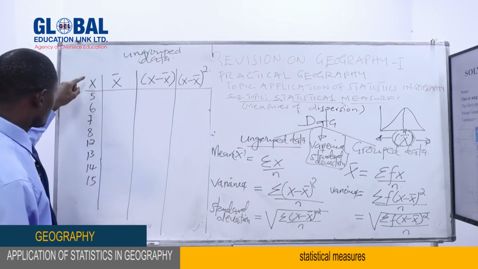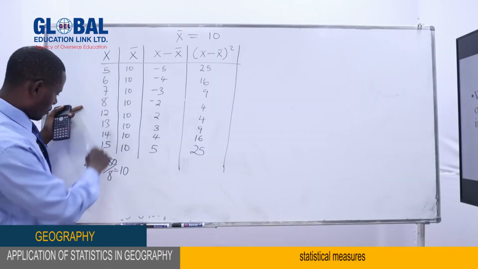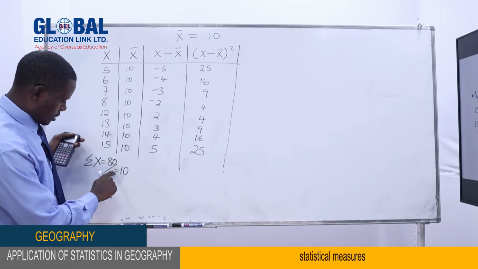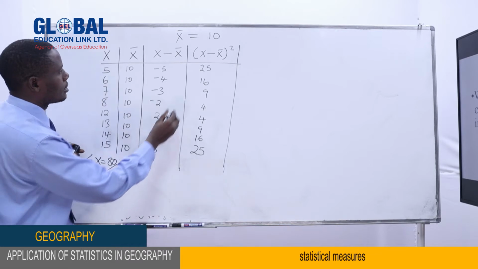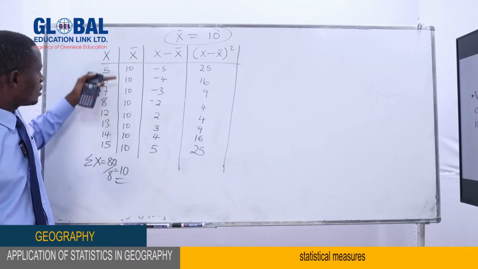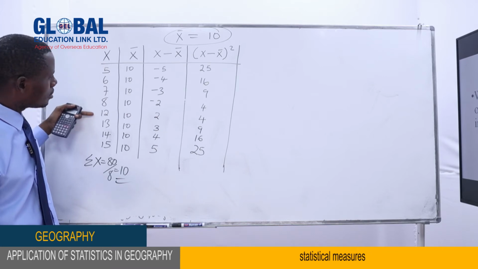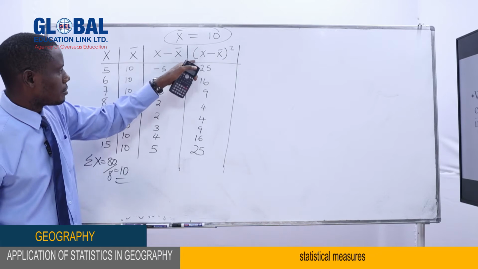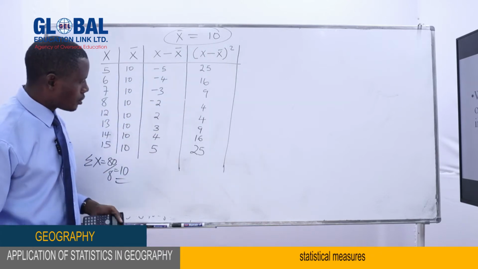So over there we have to sum up the summation of x. We have said that is 80 over 8. Then we get 10. So 10, that is our mean. And then we deduct the mean from each x. So the next aspect, we go to the last column, which is all about x minus x bar squared.